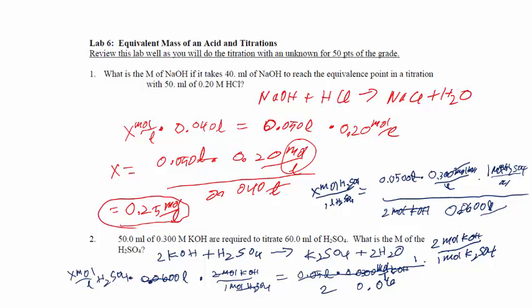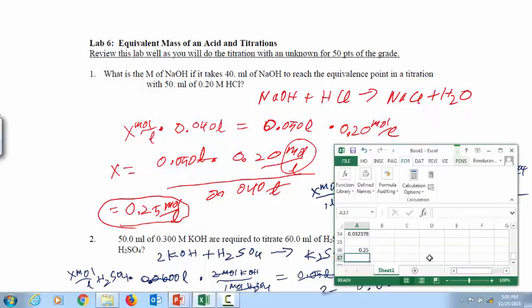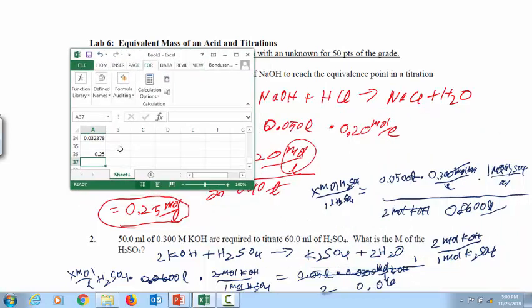And let's go ahead and plug that in. Equals 0.05 times 0.3 divided by shift open parentheses 2 times 0.06 shift close parentheses.